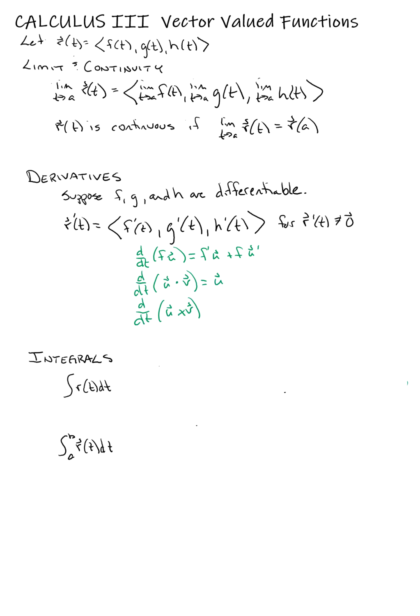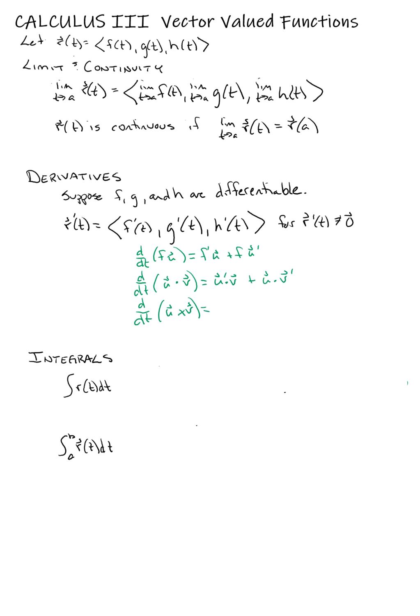I'll take u prime dot v plus u dot v prime. Again, notice all of these are vectors now, and these are all dot products in here.